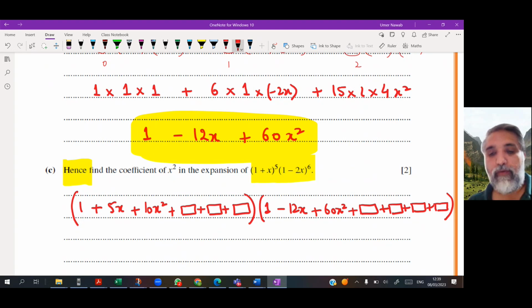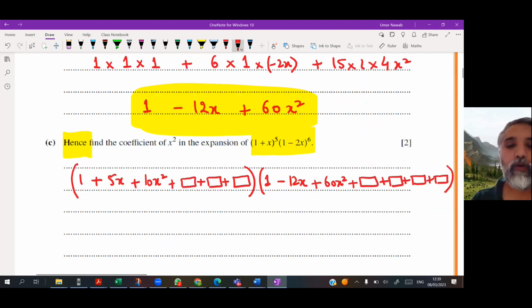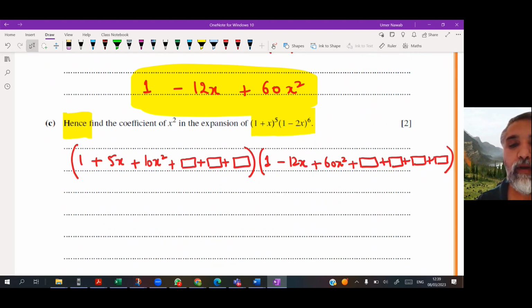Now, is he interested in the full expansion, the multiplication of every term in the first bracket with the terms in the second bracket? No, you just need to see how you can get the x squared term. Is it possible 1 times 1 will give you x squared?